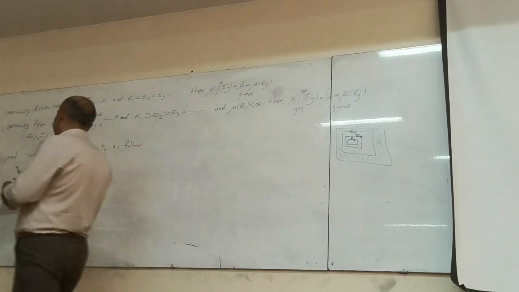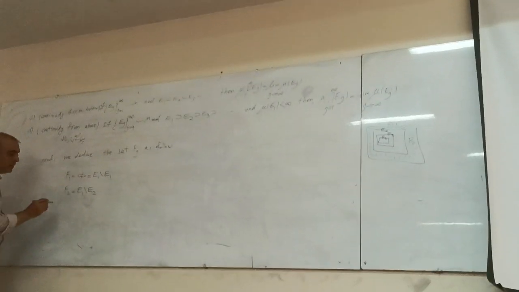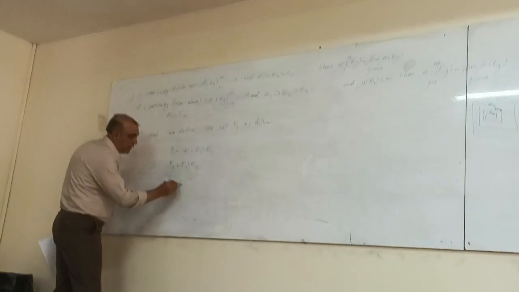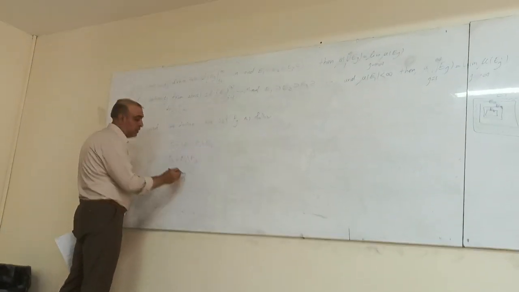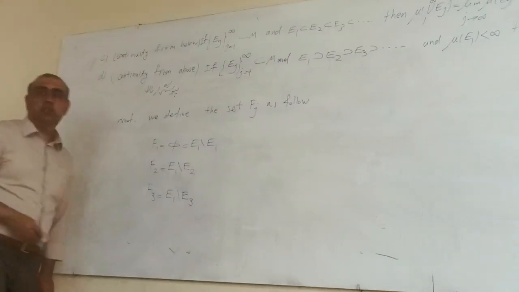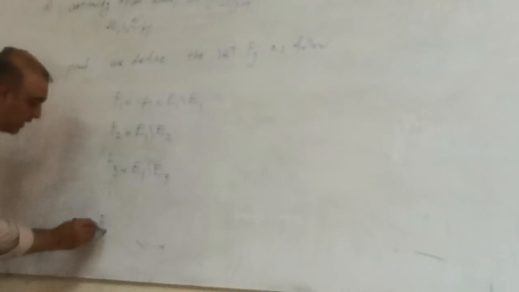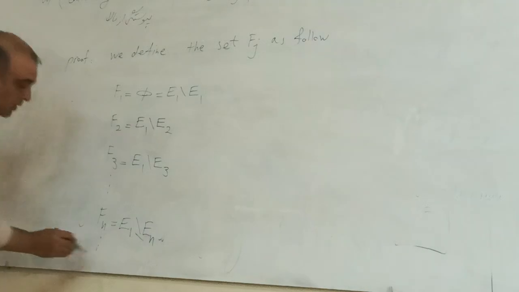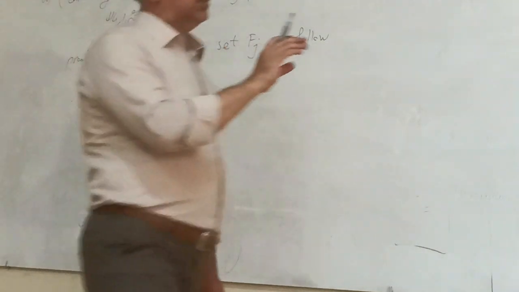F3 is E3 difference E2. And Fn is En difference En minus 1, and so on.